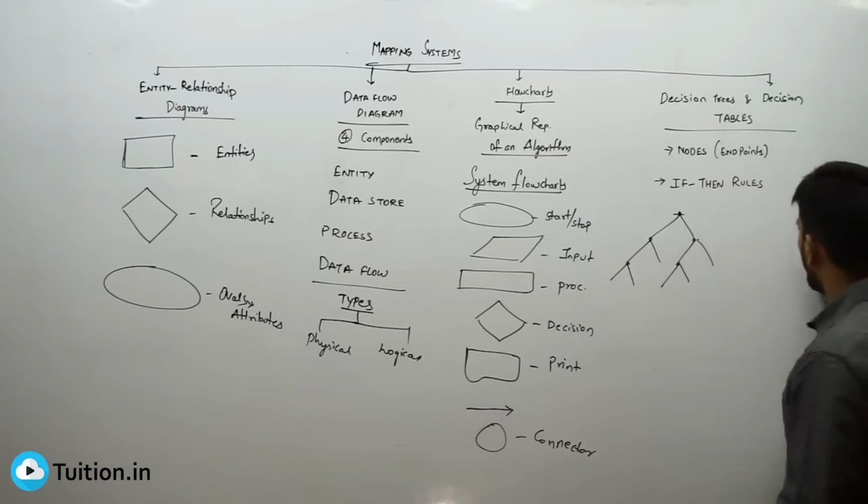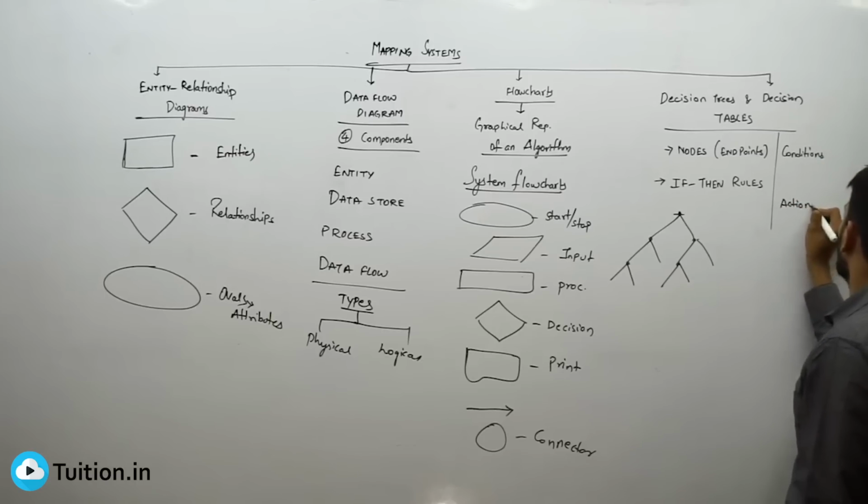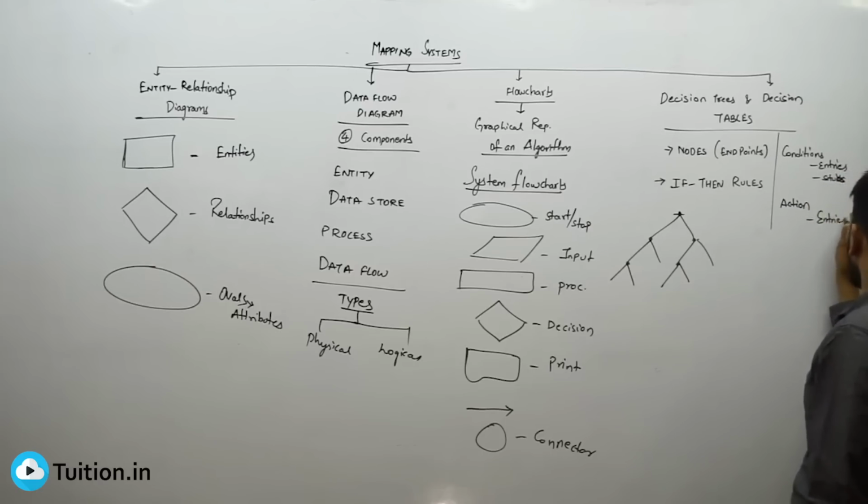While a decision table, we have four things here, conditions and actions. Under conditions, we have condition entries and condition stubs. Then we have action entries and action stubs, right?